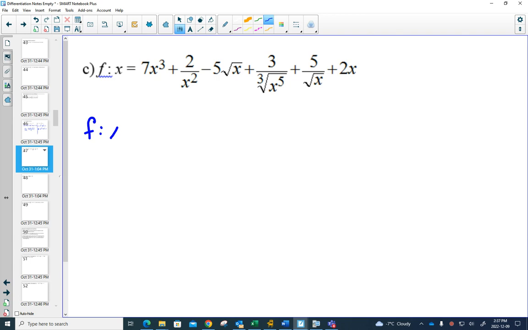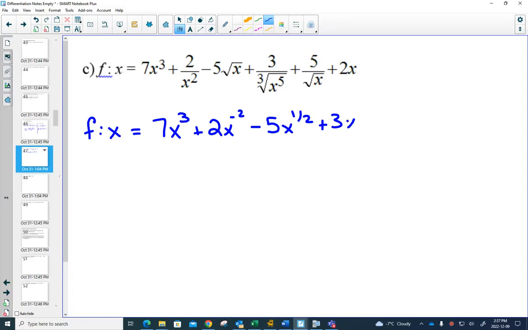So first of all, I'd have to take the time. This has to be changed. This would have to be changed. This would have to be changed. Can you change both at once? Can you see the cube root of x to the 5th is x to the 5/3, but it would be on the bottom.